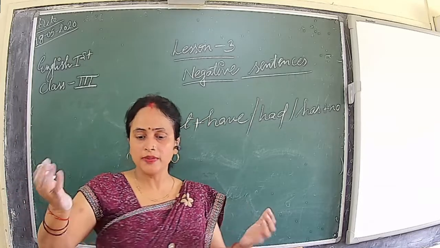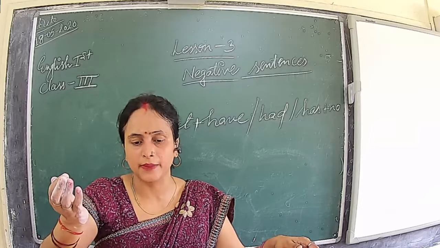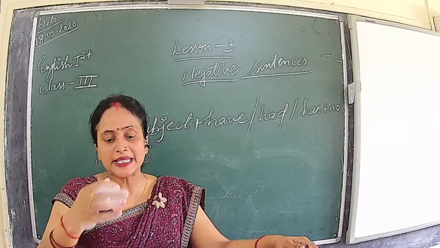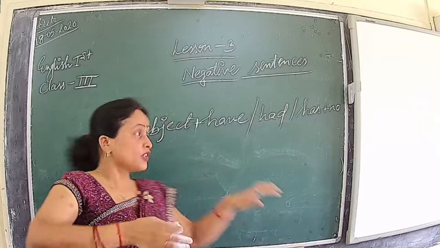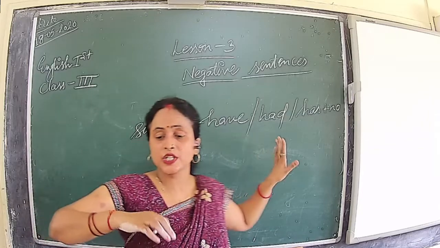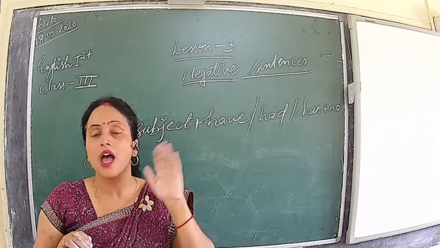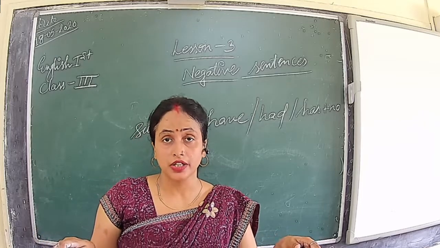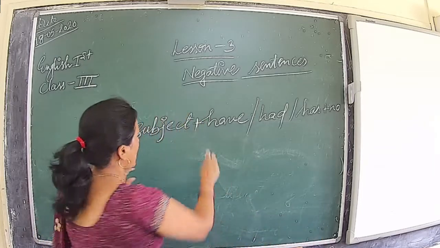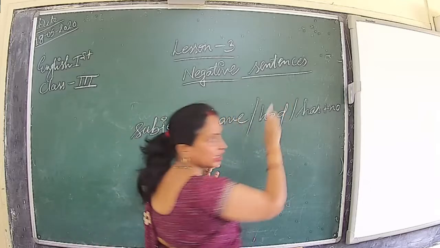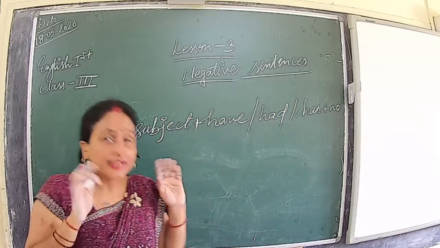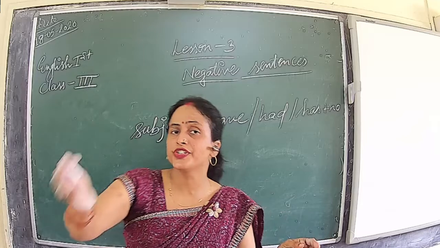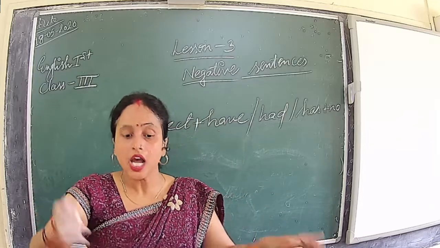No means you know that it is a negative sentence. So here, the sentences containing has, have or had show a possession. That type of sentence, when you are changing into the negative sentence, how do we do it?